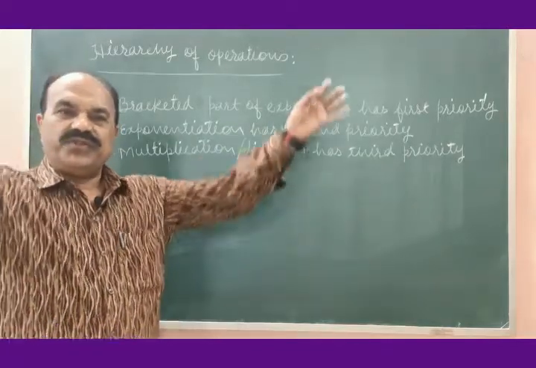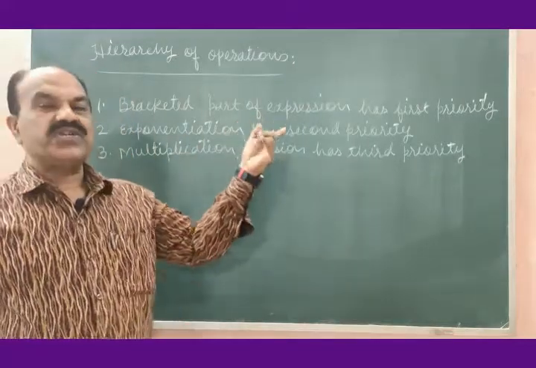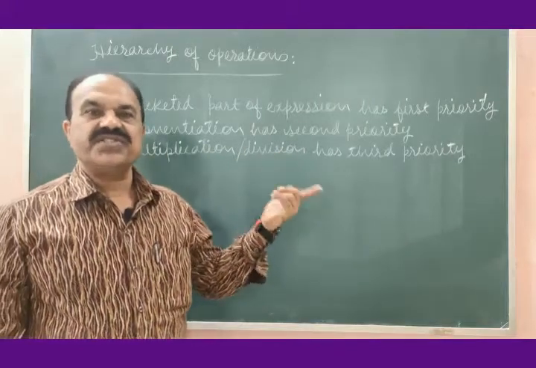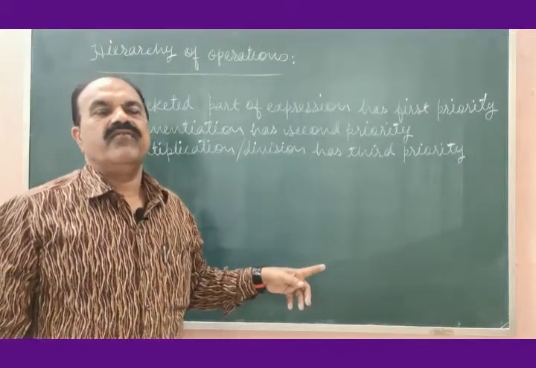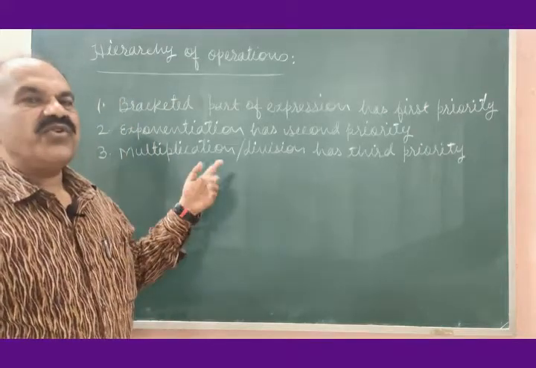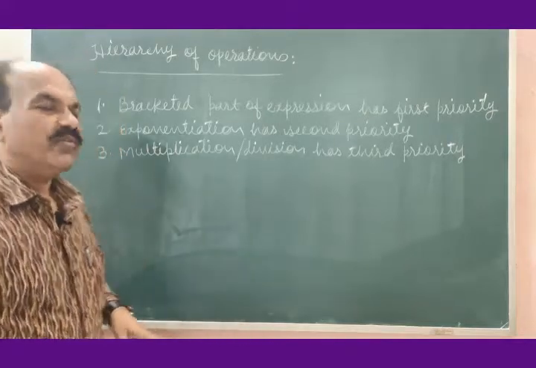So whenever you are going to solve an arithmetic expression, the bracketed part should be solved first. Then exponentiation is worked out. After that, if multiplication or division or both are there, these are to be performed.